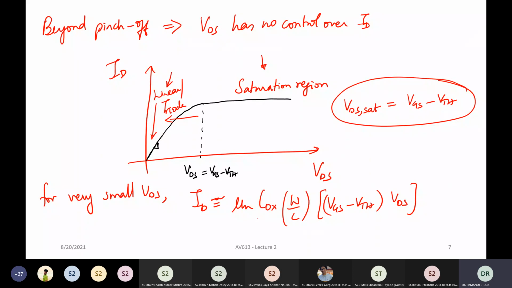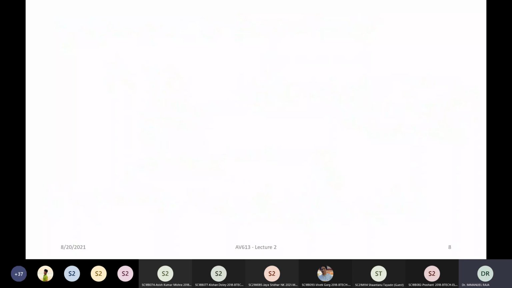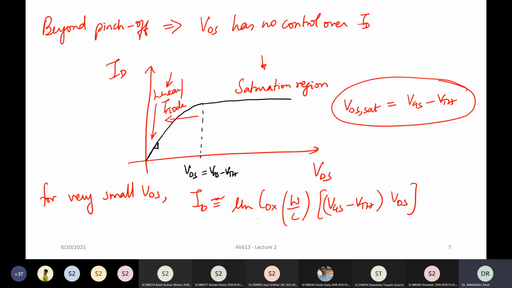This is the voltage beyond which the MOSFET acts in the saturation region. All right. So far, are there any questions?